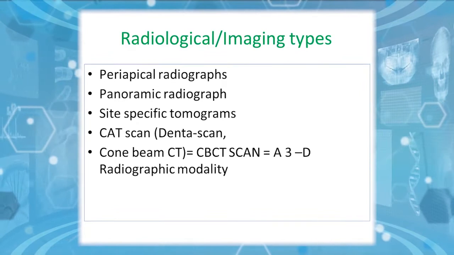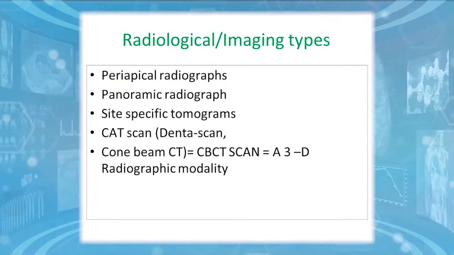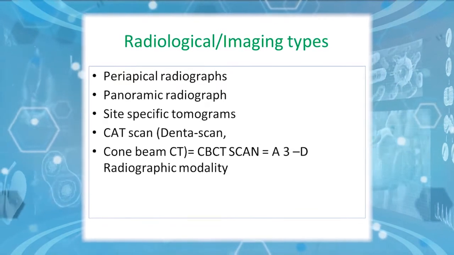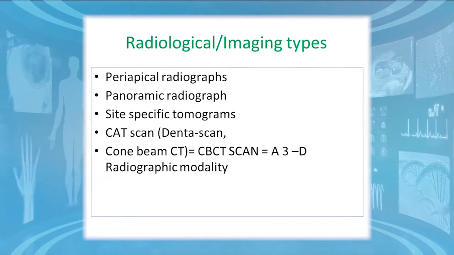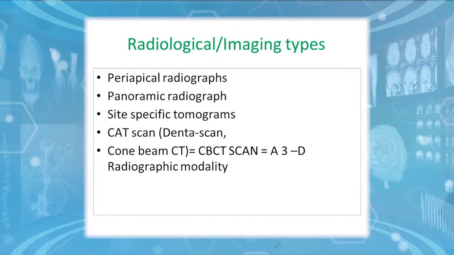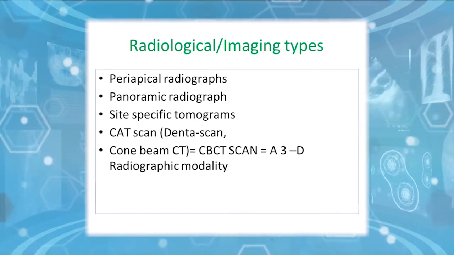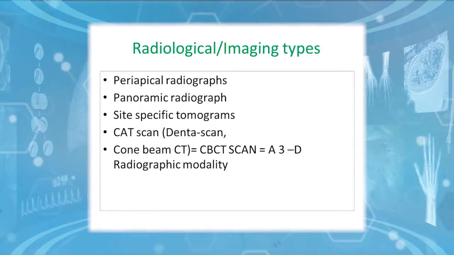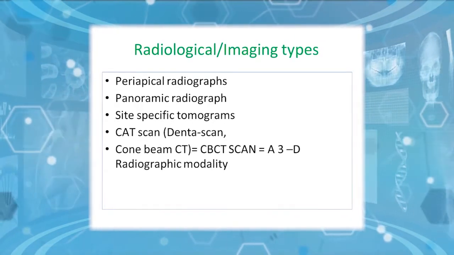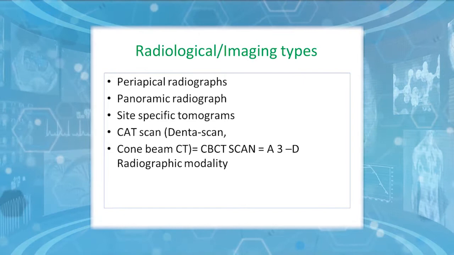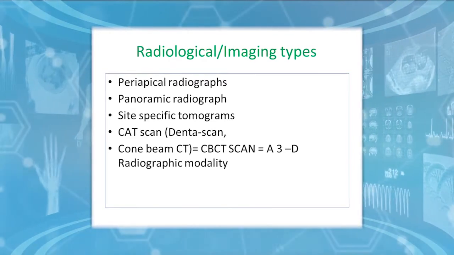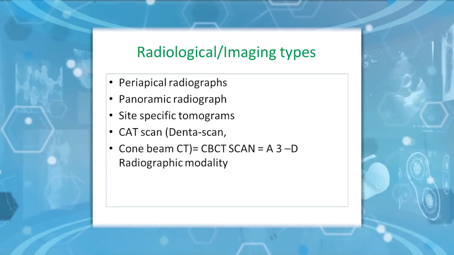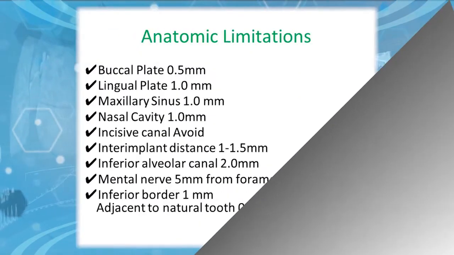Radiological imaging types used before or during implant therapy: we have periapical radiographs, panoramic radiographs known as orthopantomography, site-specific tomographs, CAT scan or dental scanner. We have the cone beam computed tomography, known as CBCT, which is a 3D radiographic modality.